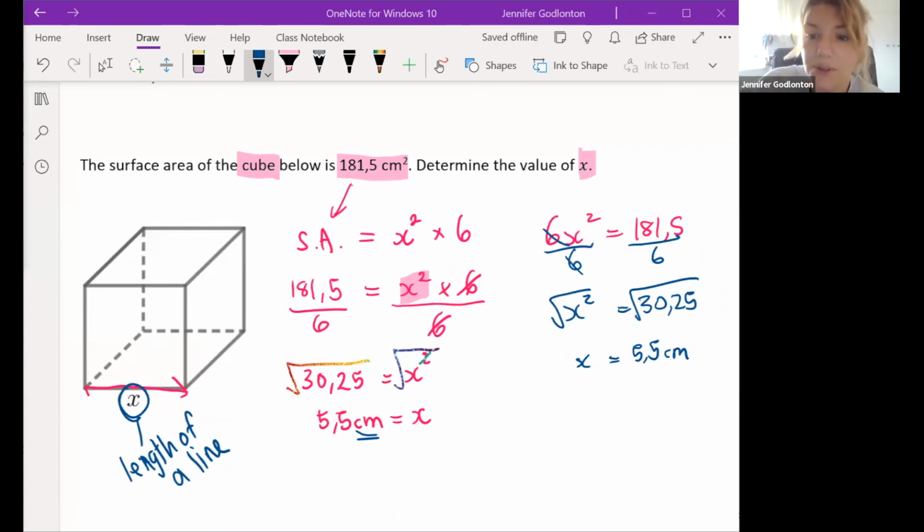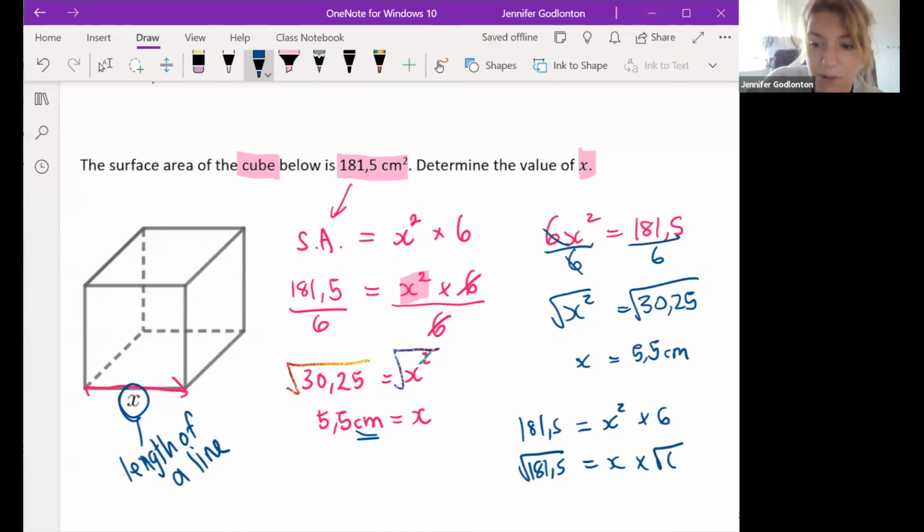So if you had 181,5 is equal to x squared times 6, and you got rid of the square, you would have to say the square root of 181,5 is equal to x times the square root of 6. Okay, I've got it.